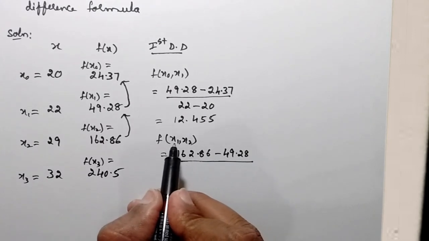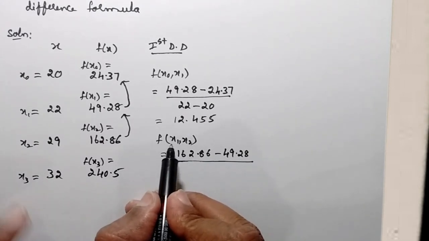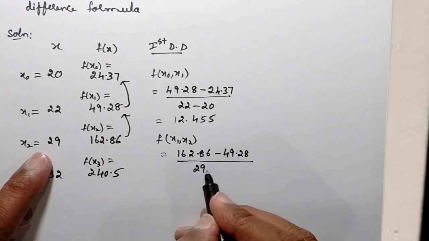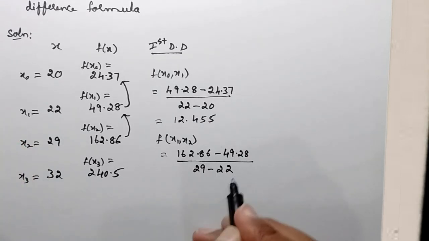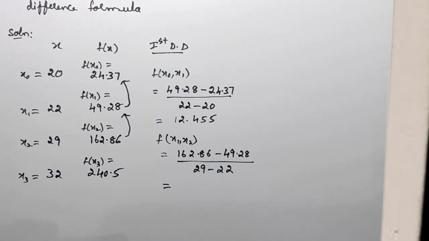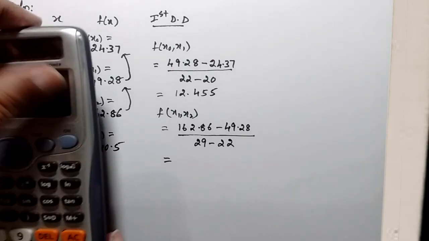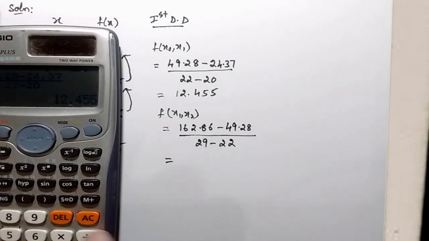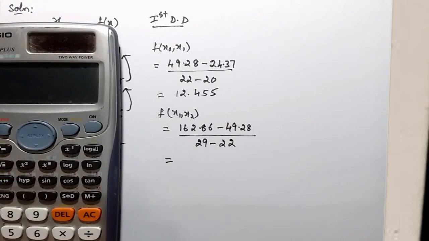This x2 minus x1. x2 value is 29 minus x1 value is 22. Just use the calculator. So how much you will be getting? It is 162.86 minus 49.28 divided by this 29 minus 22.